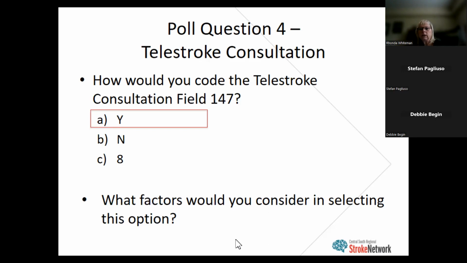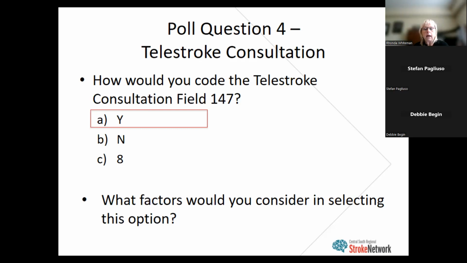So the question is, does the documentation specifically need to state telestroke, or can it be assumed if the physician states only stroke consult? That's a really great question. Typically, the sites that utilize telestroke will indicate telestroke consult, that they've consulted telestroke through Criticall, on the ED physician's note.